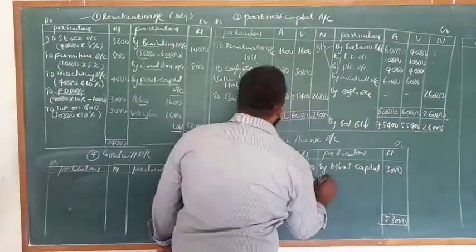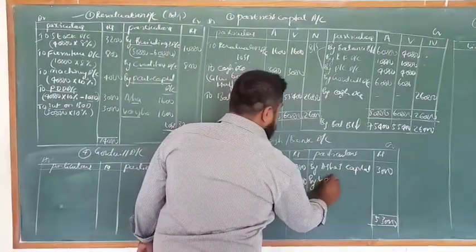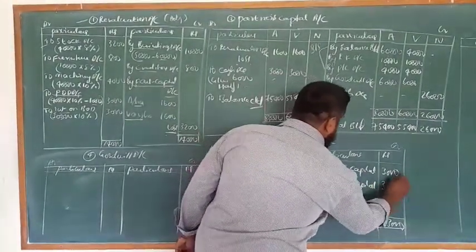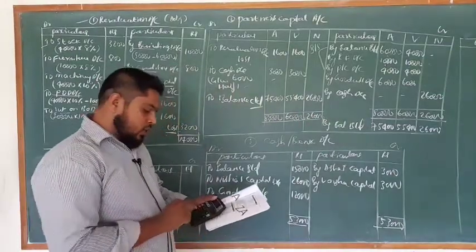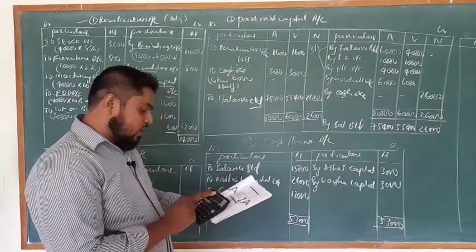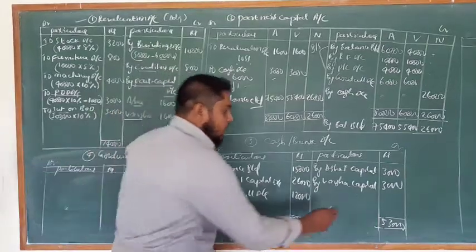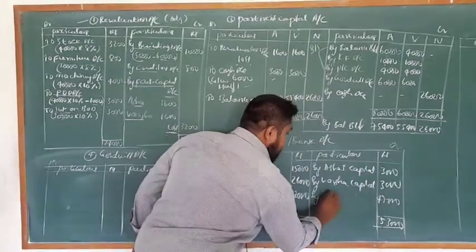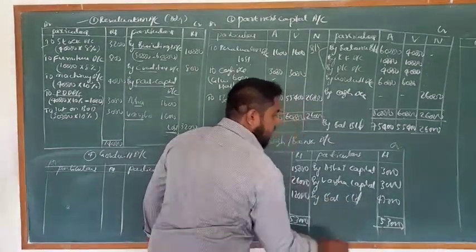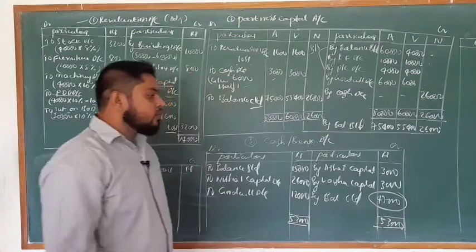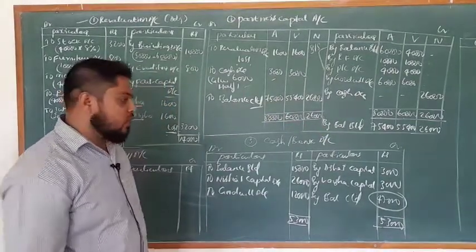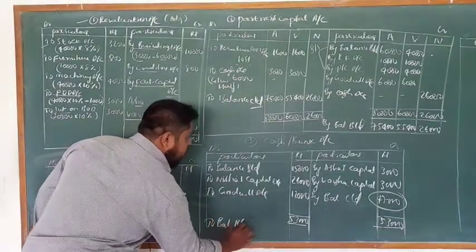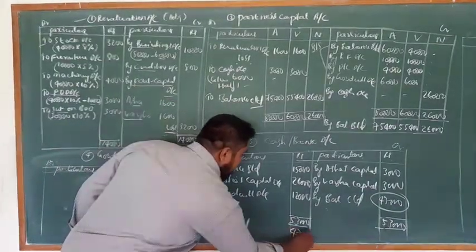Next, Varsha's capital account. So Varsha has withdrawn rupees 3,000. So in 53,000, they have withdrawn 6,000 goodwill. The remaining balance of cash is transferred to the balance sheet, balance carried on. So the remaining balance of cash is 47,000. So this balance is transferred to the balance sheet, balance brought down amount 47,000.